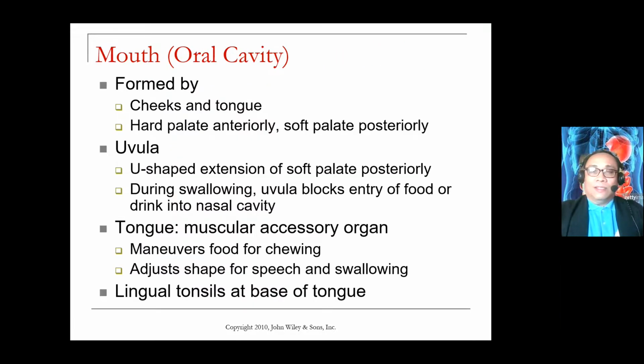Now let's trace where food passes along the gastrointestinal tract, and it begins in the mouth or the oral cavity. It is formed by the cheeks and the tongue, the hard palate anteriorly, and in the back portion, it is walled by the soft palate. There is the overhanging uvula, which is a U-shaped extension of the soft palate posteriorly.